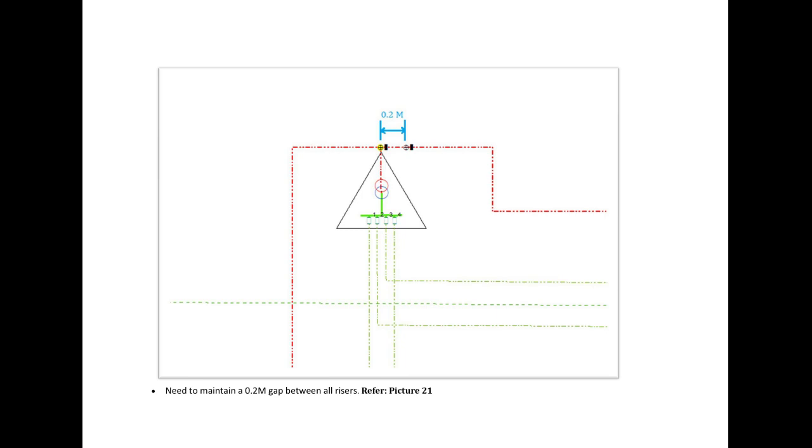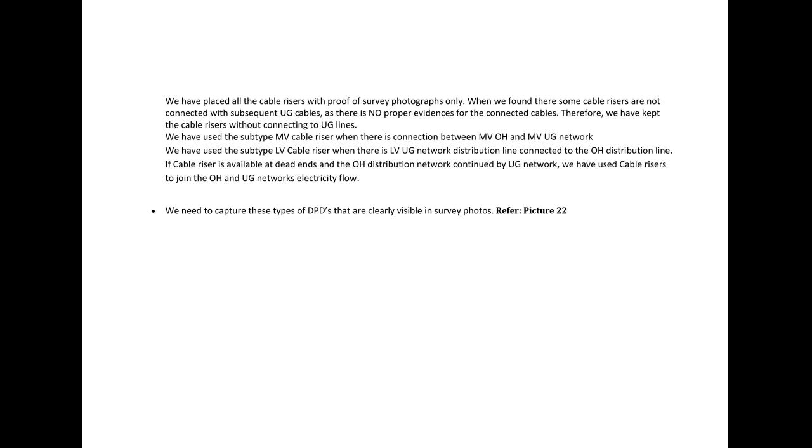When we found some cable risers not connected with subsequent UG cables, as there is no proper evidence for the connected cables, we have kept those cable risers without connecting to UG lines. We have used the subtype MV cable riser when there is a connection between the MV OH and MV UG network.